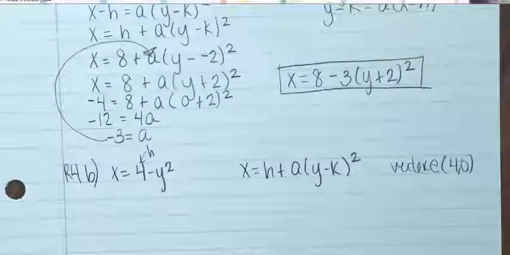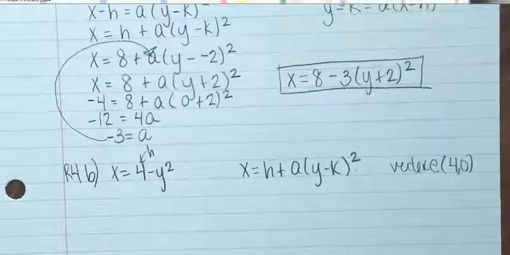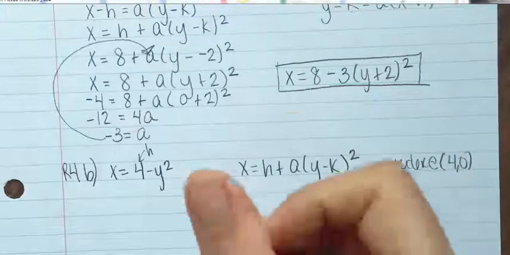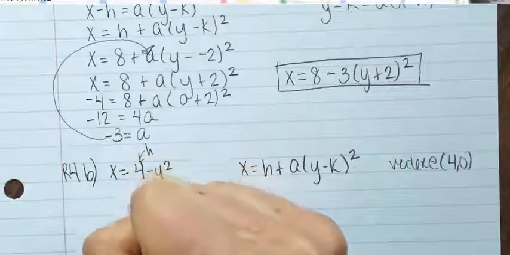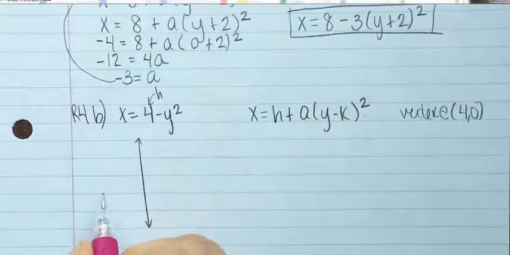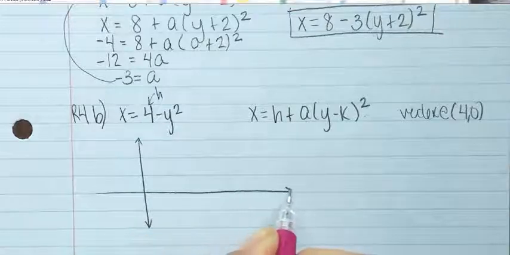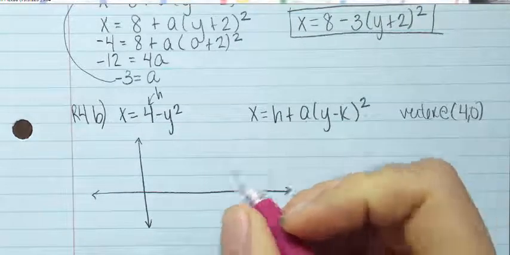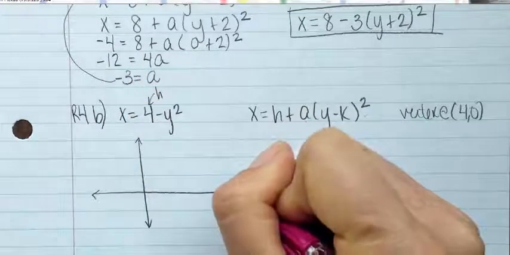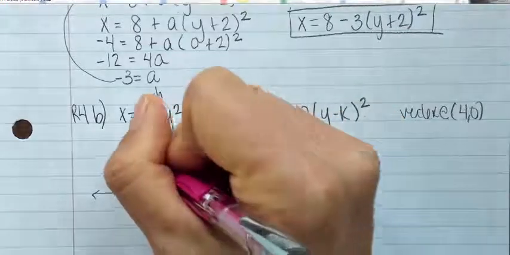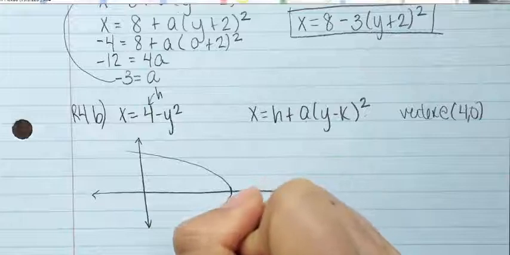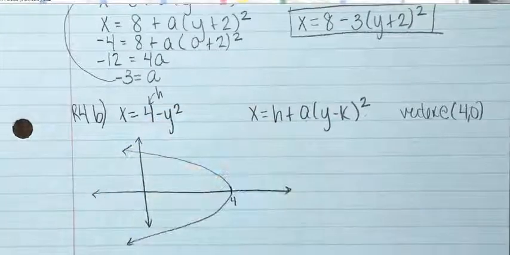All right, so I'm going to draw this picture. I'm going to draw a really bad picture, but I'm going to do my best. And I encourage you to always draw this out. So we've got this parabola that I know goes to 4. Pretend like I did a really good job with that.